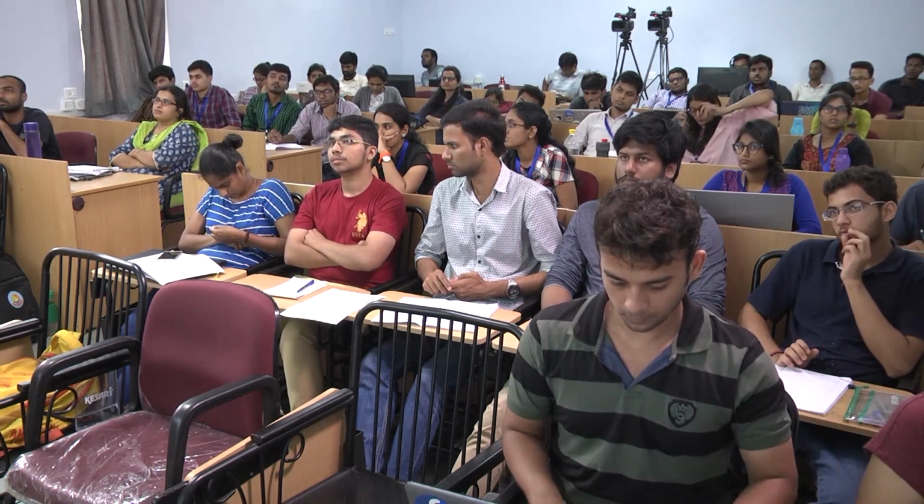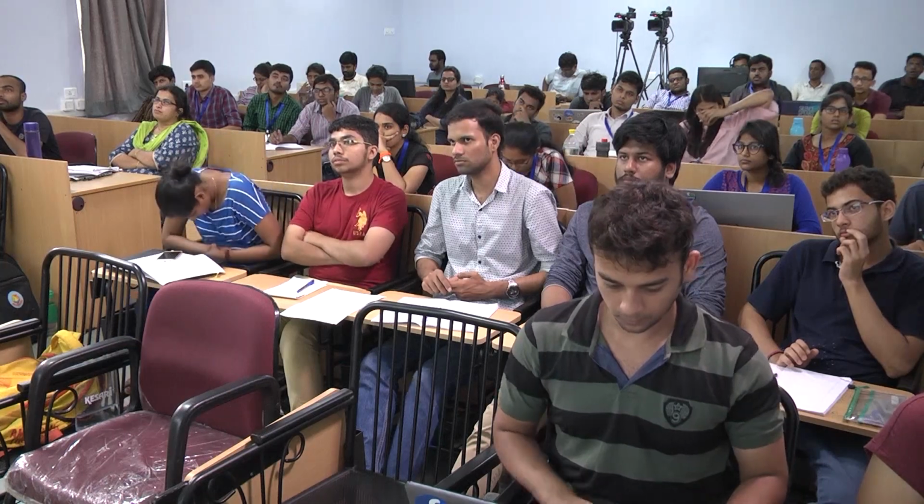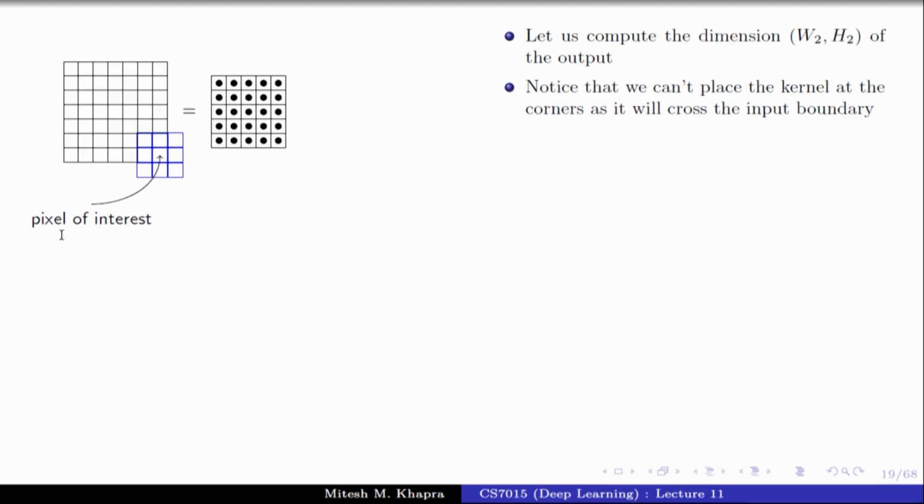Yes. Because I cannot place the filter here. I cannot place it anywhere in the last column. I cannot place it anywhere in the last row also. I cannot place it anywhere in the first column, anywhere in the first row.